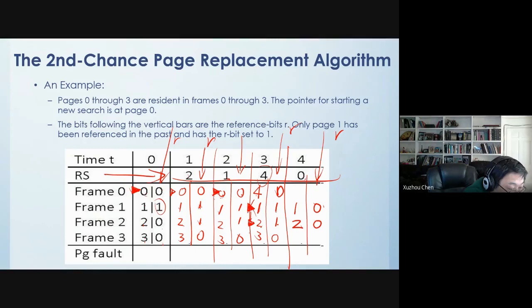And then I'm going to move to page 3. Now, page 3's reference bit is 0, so that means page 3 is not referenced. So page 0 is going to replace page 3.